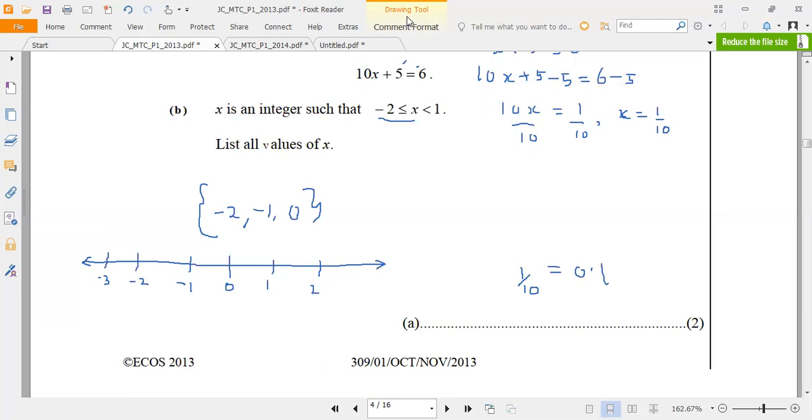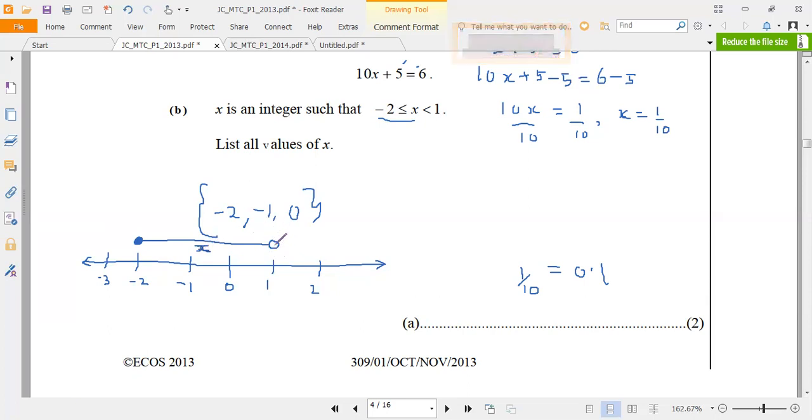Since -2 is included in the values of x, at -2 you draw a circle and shade it. Since 1 is not included, we use an open circle. Then we draw a line that shows where x lies, the values that satisfy x.